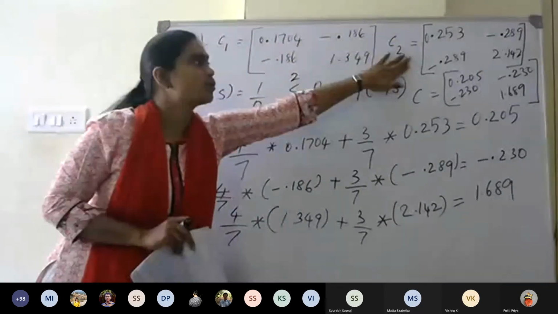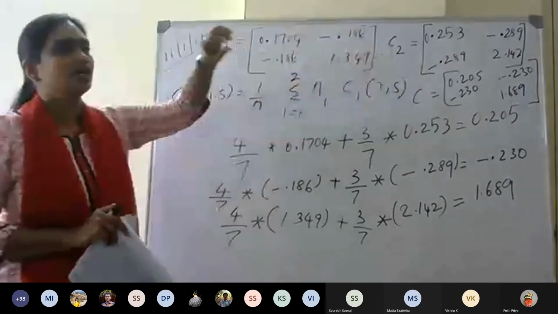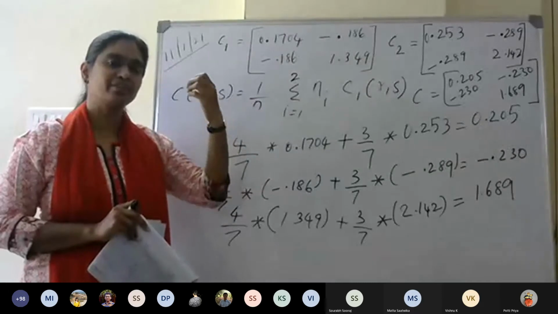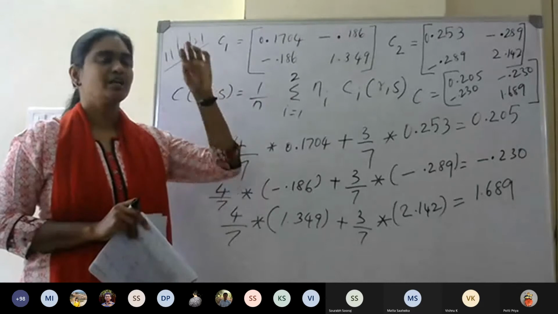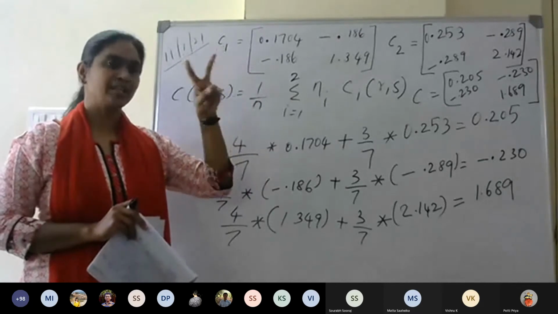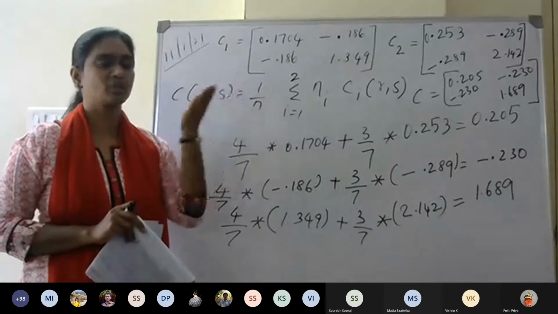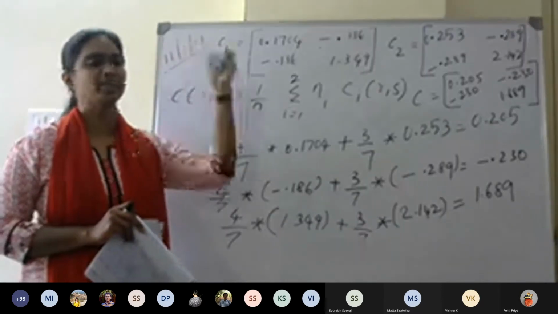So this is the covariance matrix for the first group and this is the covariance matrix for the second group. That means variance, I think you know. Variance means how far each element is varying from the mean. So what we have done initially is the mean corrected data for every group. We have taken each element for each feature row wise, both the features, and subtracted from the mean.